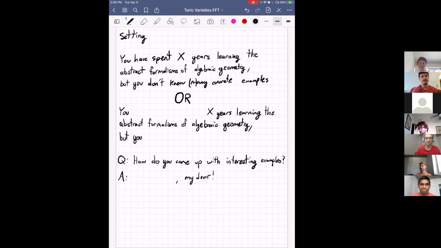Okay, so this is one situation that you can be in. Another situation that you might be in is you don't want to spend X years learning all of the abstract formalisms of algebraic geometry, all of the Grothendieck and Serres and all that stuff, but you want to see some interesting examples.